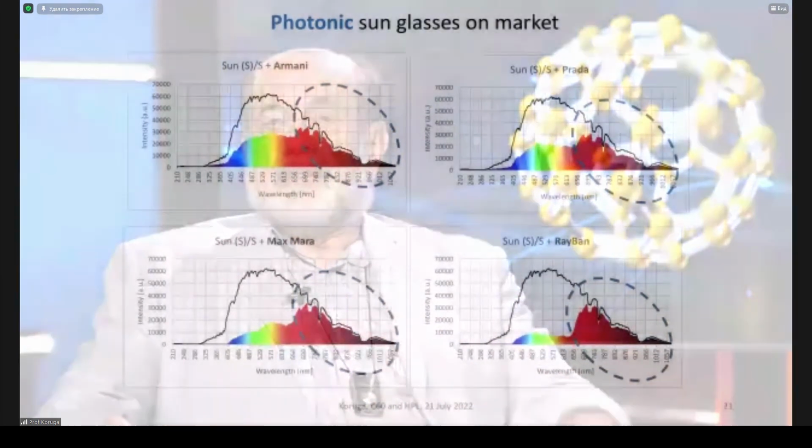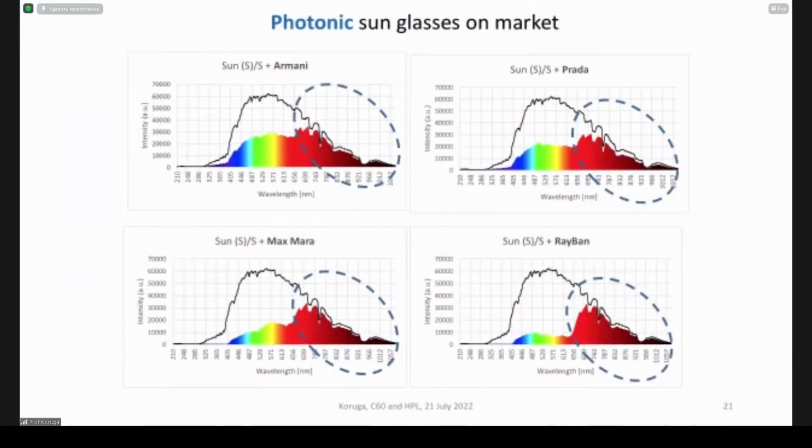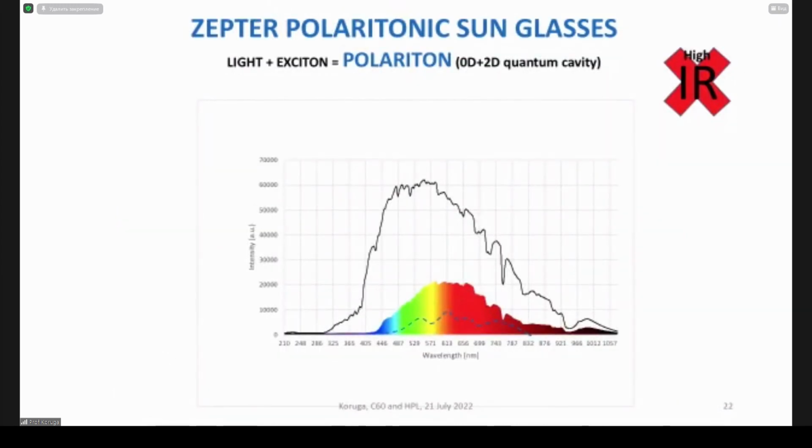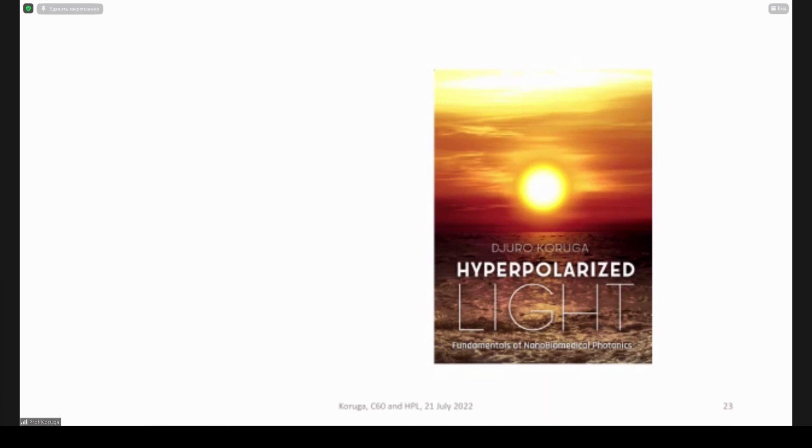Because if we have more infrared, we will have the problem of cataract. For our sunglasses, we found a solution so that we don't have too much infrared, and this is one of the best solutions for sunglasses, including also polariton light, because none of the sunglasses on the market has that property.